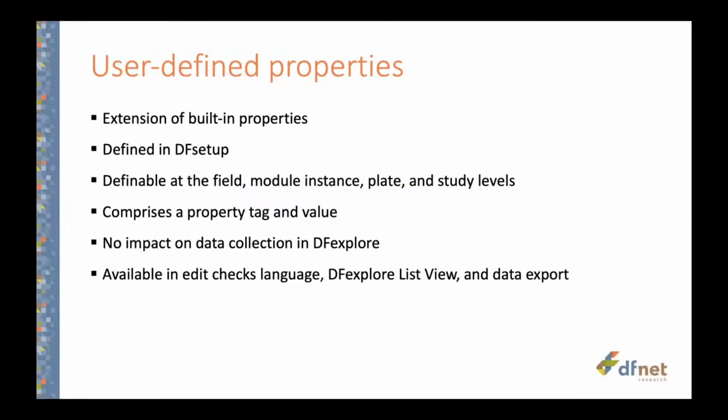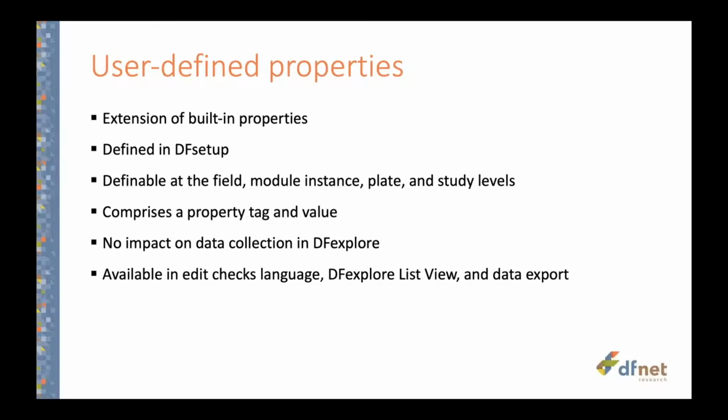So I'll talk a little bit more about what user-defined properties actually are. I've mentioned that they're an extension of the current built-in properties. So they're a way of extending what we already provide within the software in a way that suits your specific study, your specific organization. They are defined in study setup or in DFsetup, and you can define them at the field level, at the module level, the plate level, and the study level.